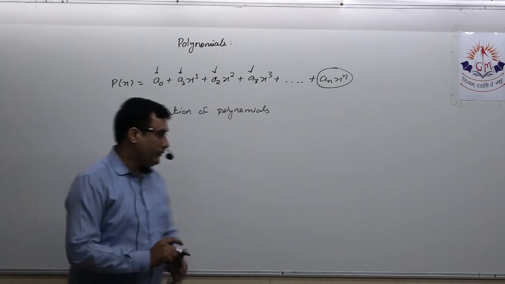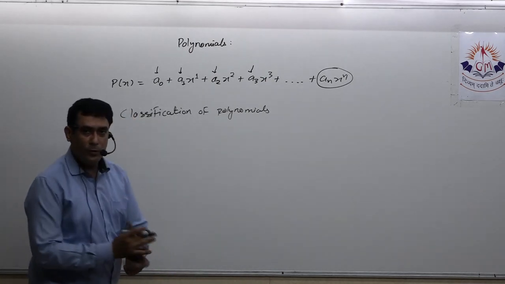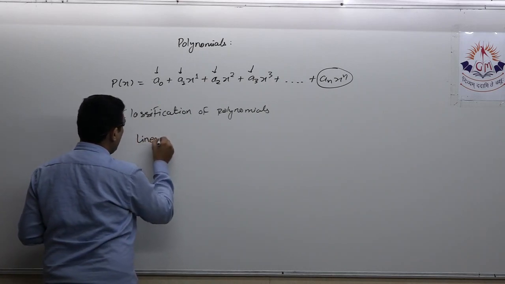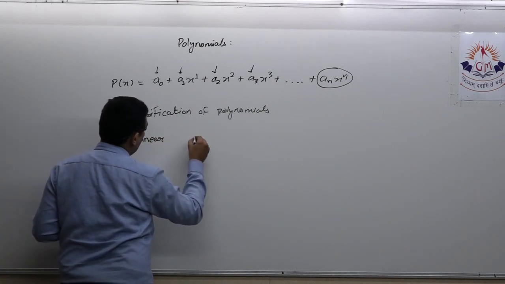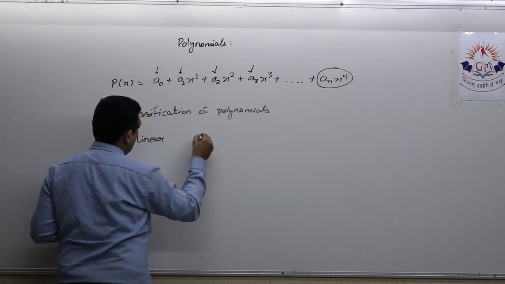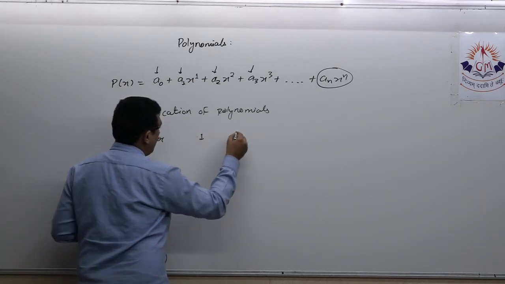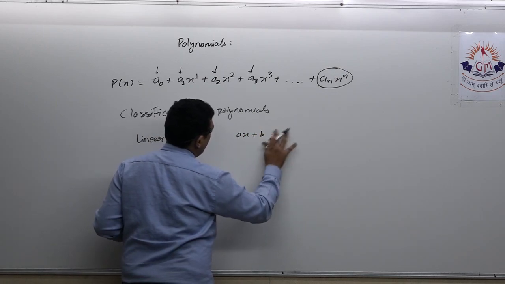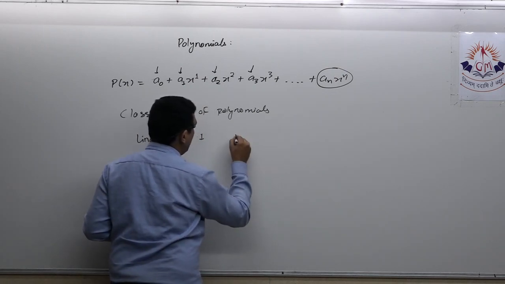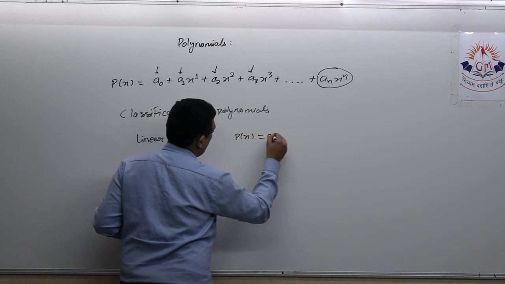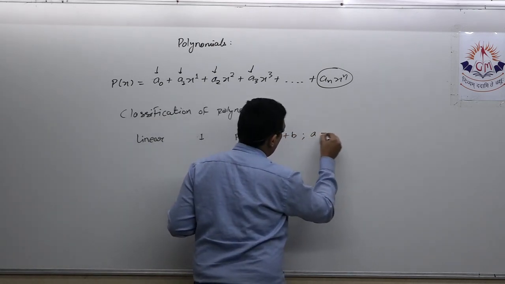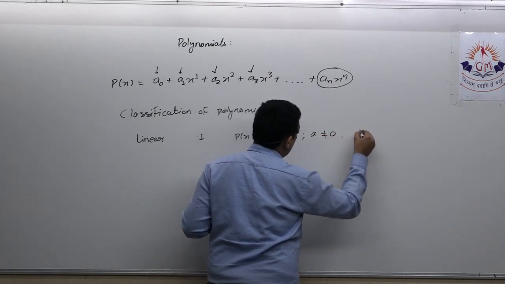Now we will see the classification of polynomials on the basis of degree. A linear polynomial has degree 1. The standard form is p(x) equal to ax plus b, and a should not be equal to 0.